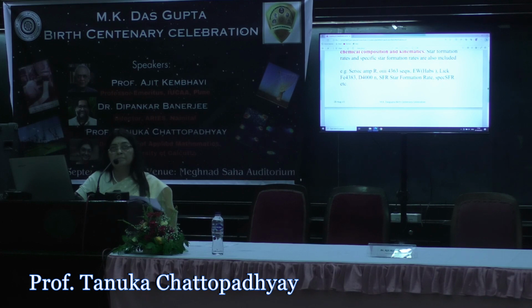What happens? In heavy metals, there are many electrons which absorb the light coming from the galaxy. So there is a break in the continuum. This is called the D4000, the 4000 angstrom break, and it occurs at 4000 angstrom.